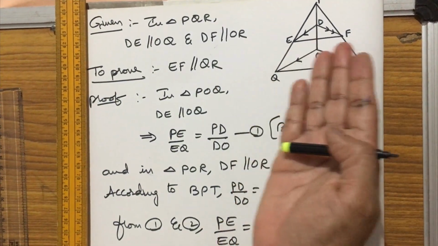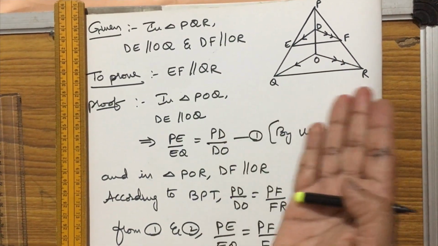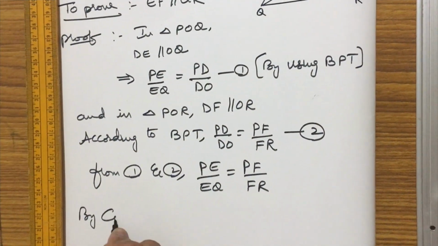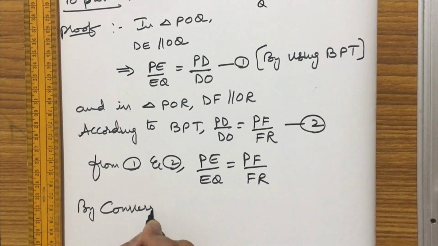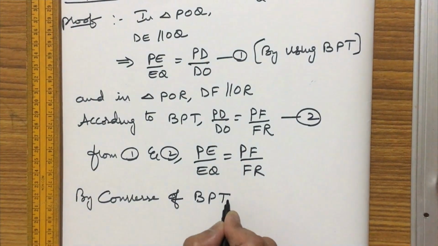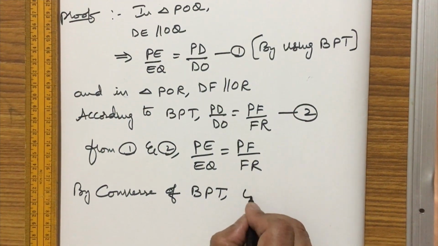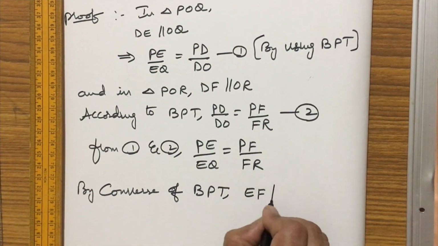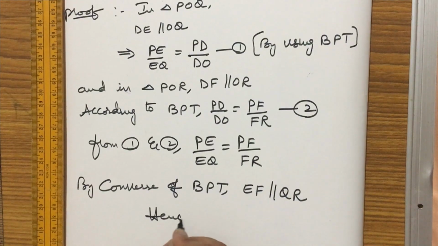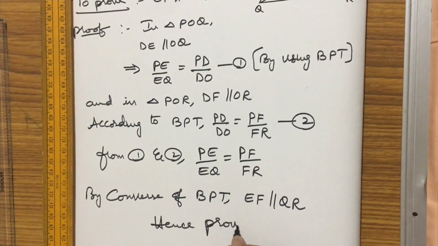It means this EF is parallel to the third side QR. So, by converse of BPT, you can say that EF is parallel to QR. This is what we have to show.